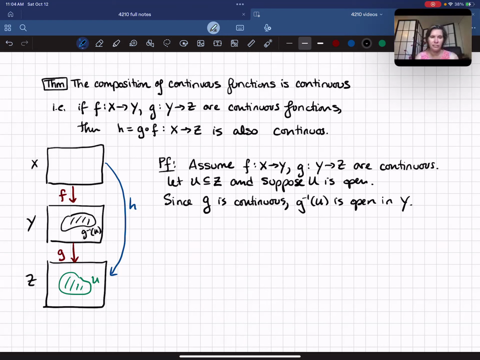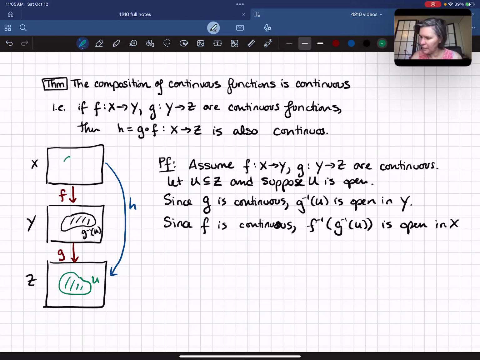U is open, that means g inverse of U is open. But I want to keep pulling it back to X. What function do I need to use to pull it back one more step? g inverse of U is open, and f inverse of any open set is open. So since f is continuous, f inverse of an open set, which is g inverse of U, is open in X.